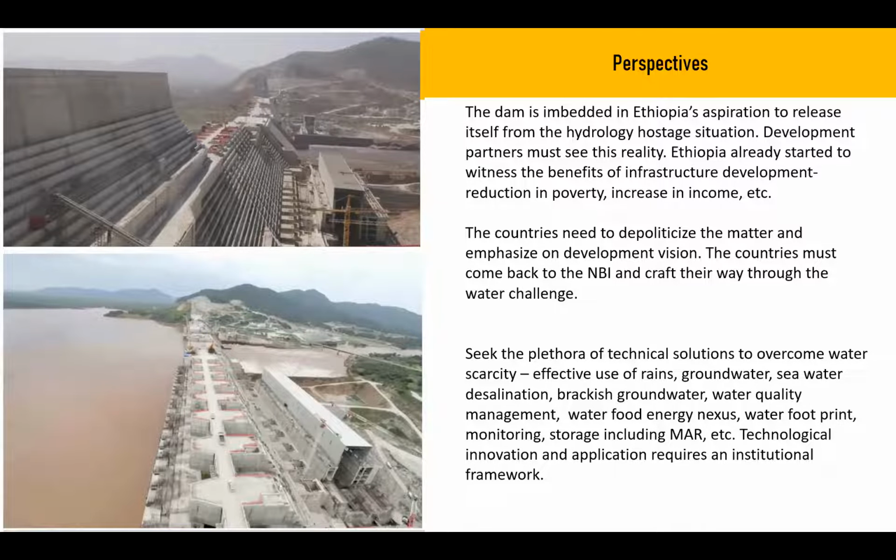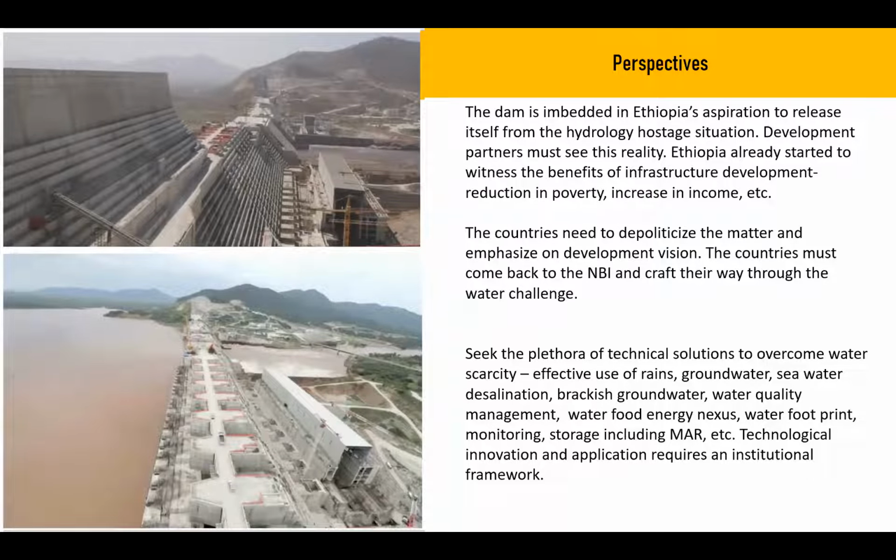Development partners must see this reality. Ethiopia has already started to witness the benefits of infrastructure development: reduction of poverty, measurable; increase in income, measurable; and basic services. So we start to see the benefits, and we start to see the country moving toward that inflection point that I've shown you in one of my previous slides.